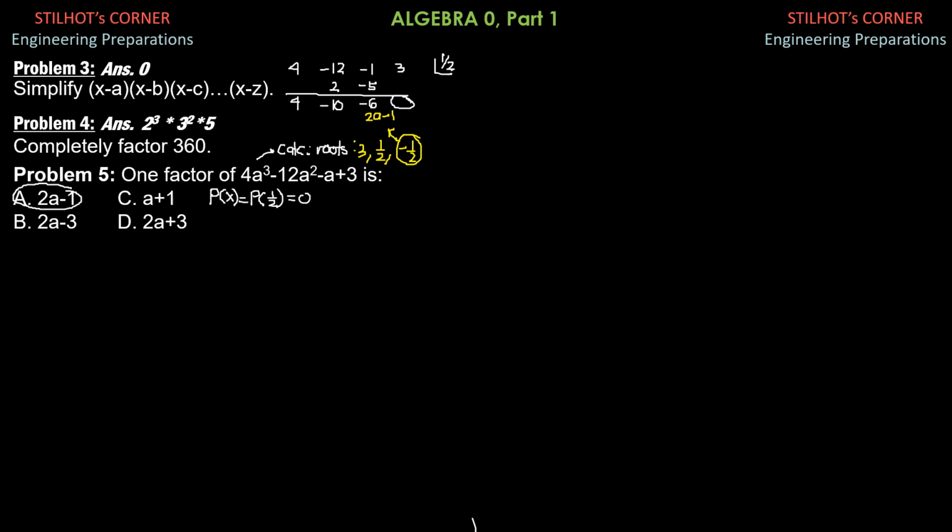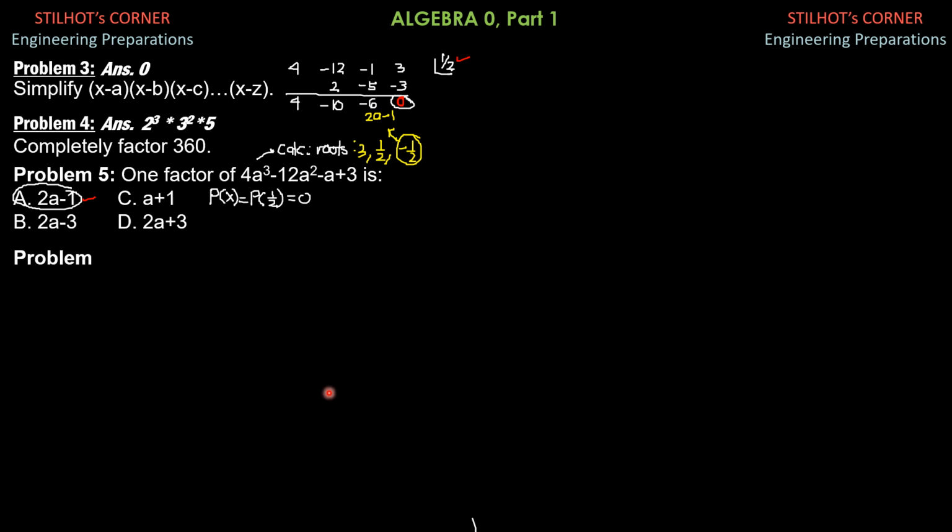Then negative 6 times 1/2 is negative 3, so the final value is 0. Because this is 0, 1/2 is a root, and it is represented by the factor 2a minus 1. Those are the different ways of finding one factor of this trinomial. So that's it for that case.